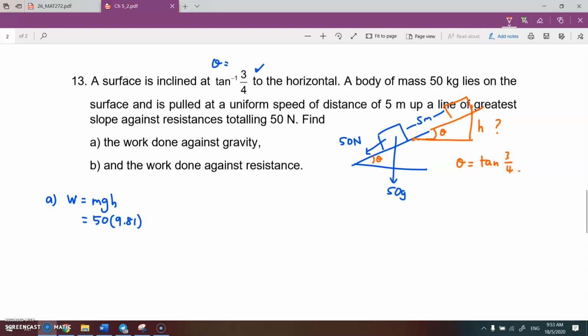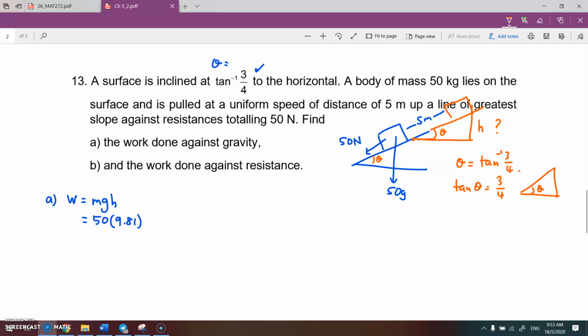So tan theta is equal to 3/4. Before that, we want to find h, so we draw the triangle for this first.